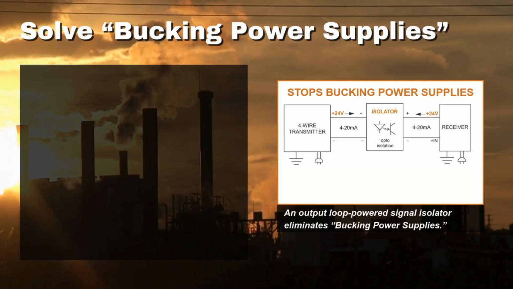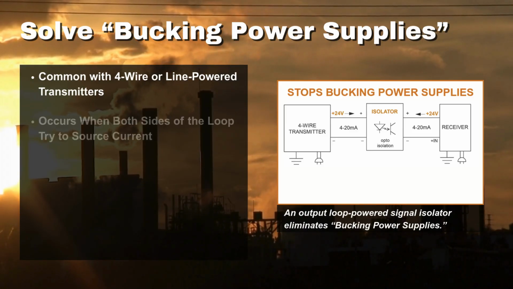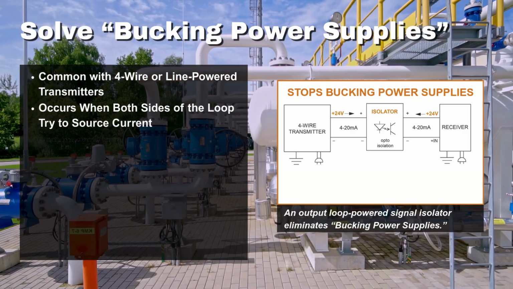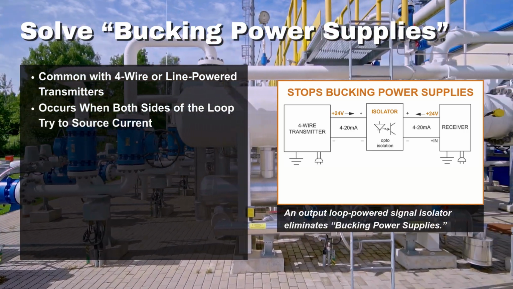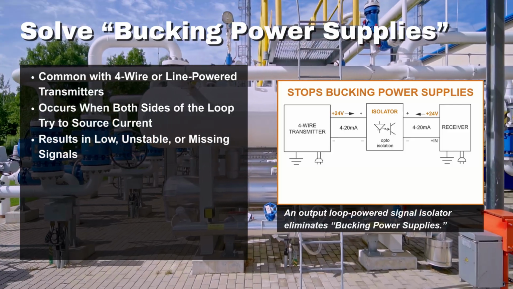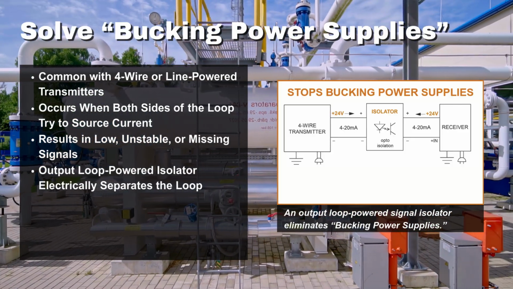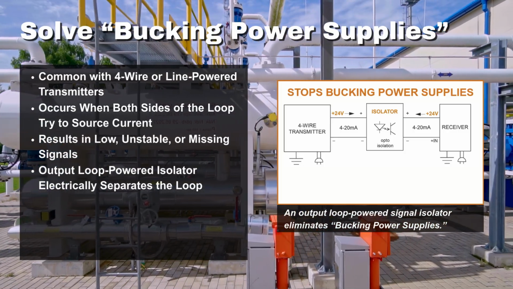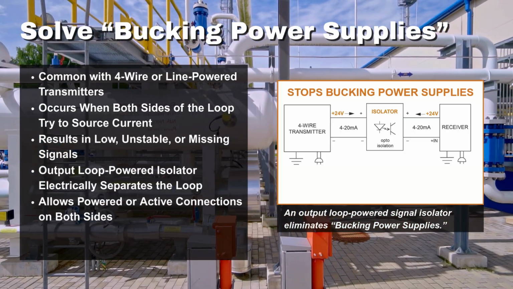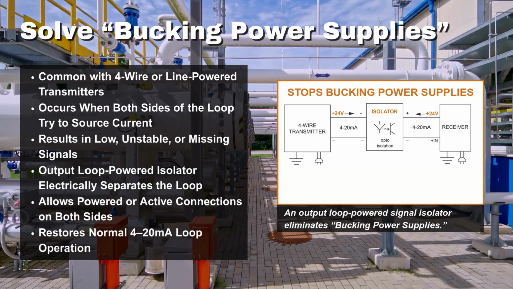However, when a four-wire device, such as a line-powered transmitter, is connected, both sides of the loop attempt to source current. The result is bucking power supplies, which can cause unstable readings or no signal at all. An output loop-powered signal isolator resolves this conflict by electrically separating the powered devices. It allows both sides of the loop to remain powered while restoring a stable, accurate 4 to 20 milliamp signal to the control system.